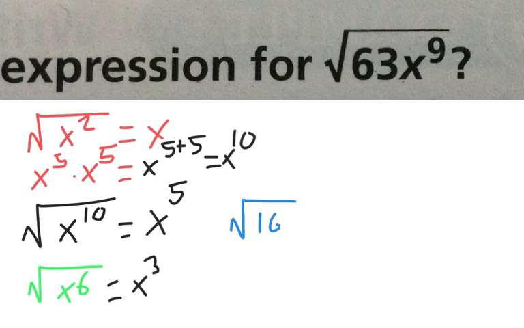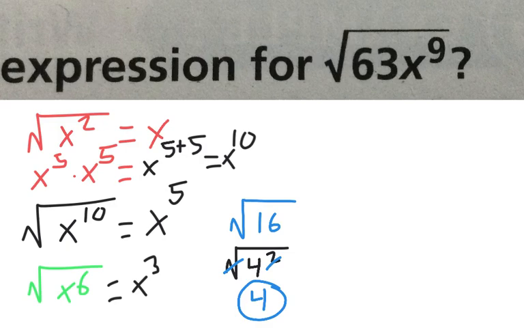What is the square root of 16? 4. The way it really works is you can rewrite 16 as 4 squared. And so what's the square root of 4 squared? Those cancel and you're left with just 4. That's why if I take the square root of x squared, it's x.